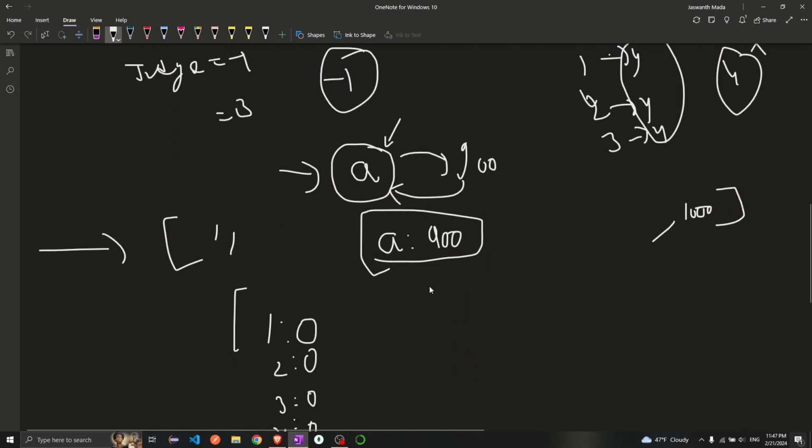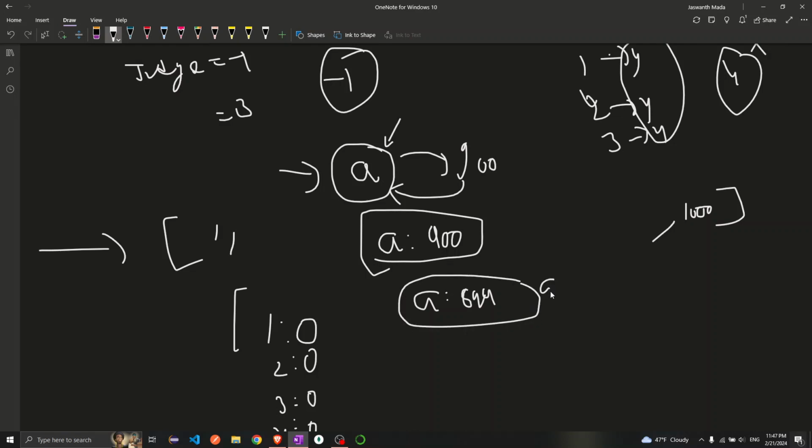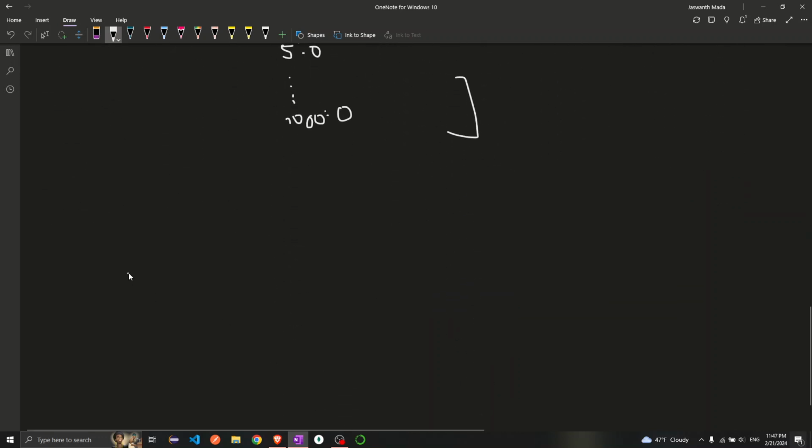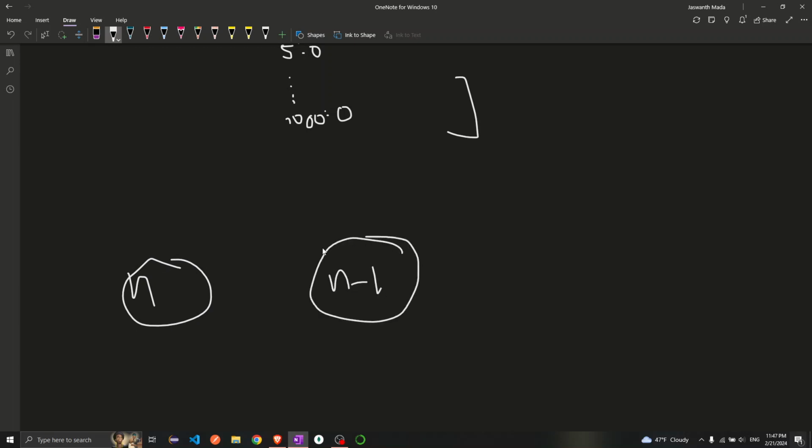Suppose if there are only 899 people trusting A, then A cannot be the judge, right? All 900 people should trust A, right? So in the question we are given n people. So all the n minus 1 people should trust that one person, right? And this one person should not trust anyone.